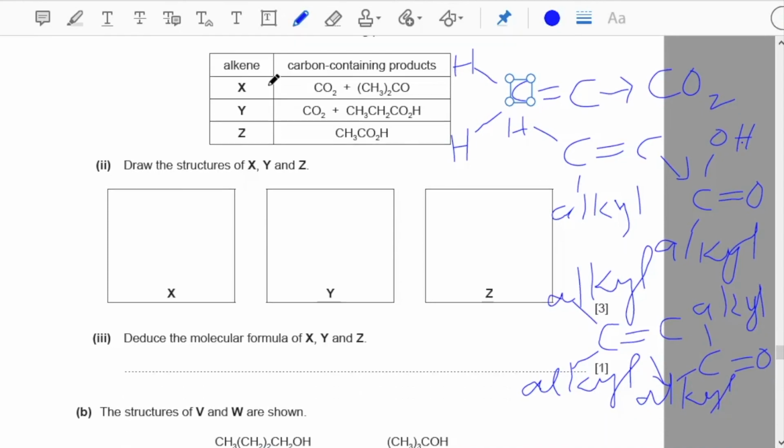So it can be seen that when X reacts with hot KMnO4, it forms carbon dioxide, which means on one end of the carbon-to-carbon double bond are two hydrogen atoms. So I'll draw that first. On one end, there are two hydrogen atoms.